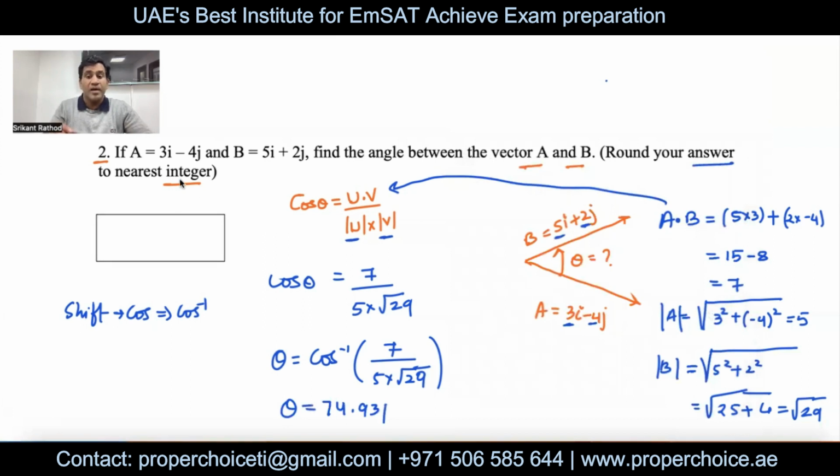Please agree to whatever condition they state. If you are typing it in, it's a fill-in-the-blanks type question, and most such questions ask you to round, because if you don't, it is treated as wrong. So you have to follow the conditions they have included. In this case, 74.93 rounded to the nearest integer is 75 degrees. That will be your answer.